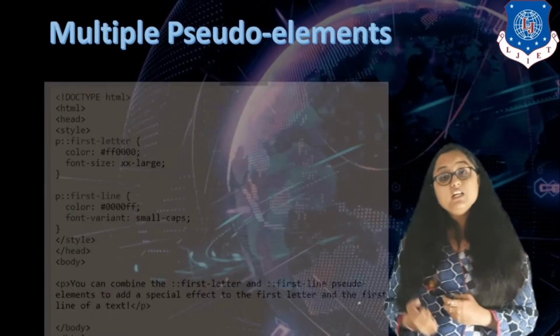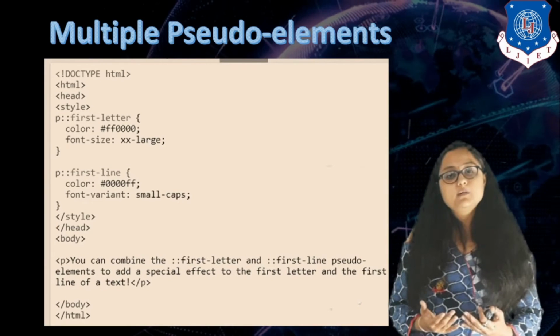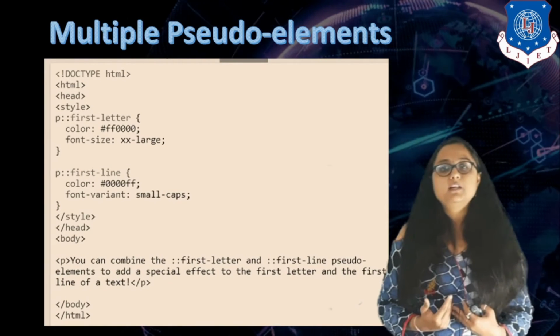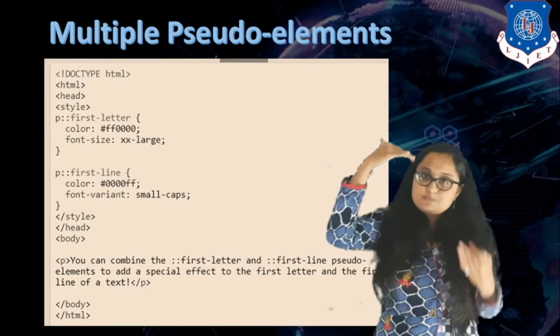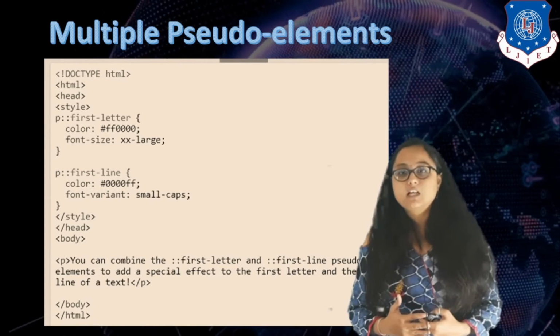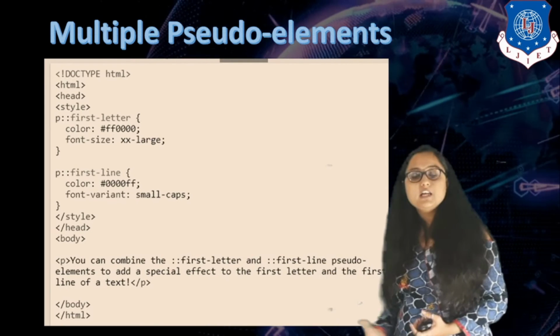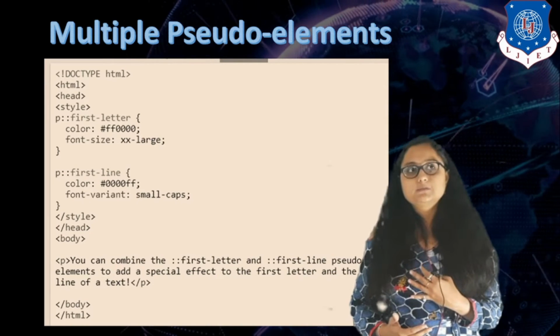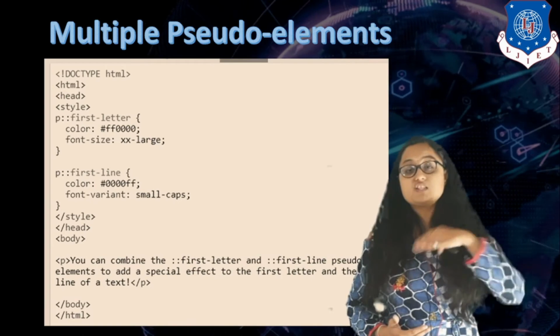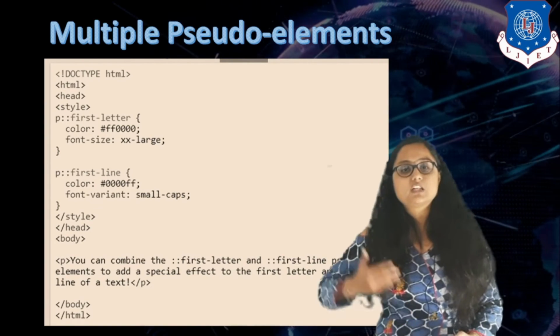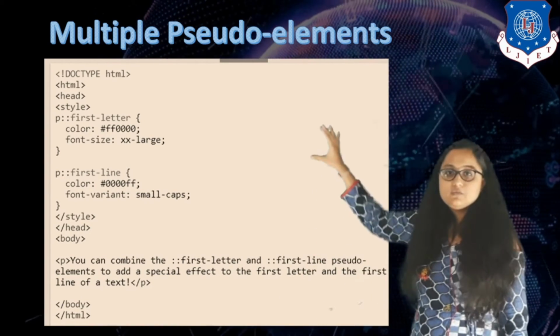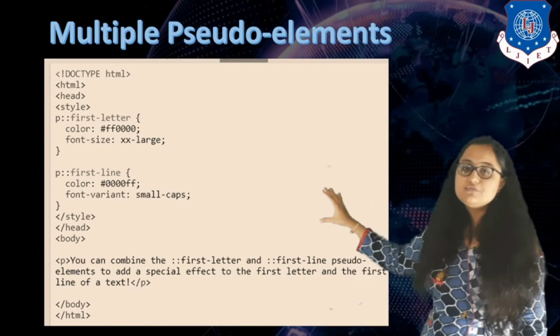Now, can we apply multiple pseudo elements to a particular element? Yes, you can do so. You have to specify both the pseudo elements separately. So here you can see that I have written one paragraph. What if I want to specify a pseudo element first letter as well as first line? Here I have specified multiple pseudo elements for my paragraph.